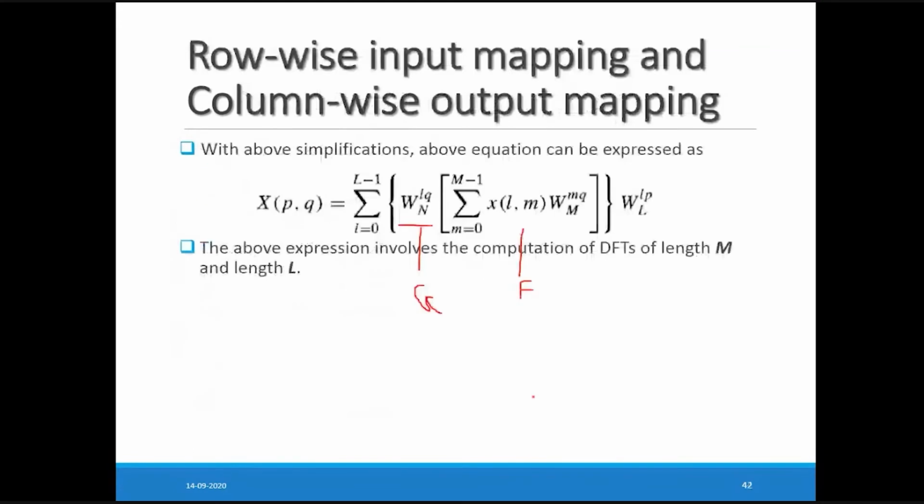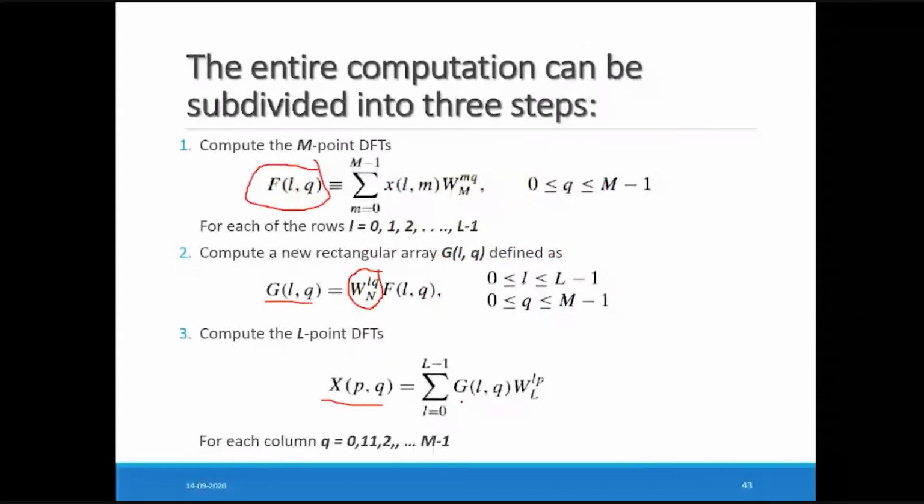So whatever answer you are getting for this bracket is multiplied with omega L raised to LP, and we apply the final summation L is equal to 0 to L minus 1, which is our original DFT X. So X of PQ is equal to sigma L is equal to 0 to L minus 1, G of L comma Q, omega L raised to LP, for each column Q is equal to 0, 1, 2 up to M minus 1. So this is how you divide the entire equation into three different steps.